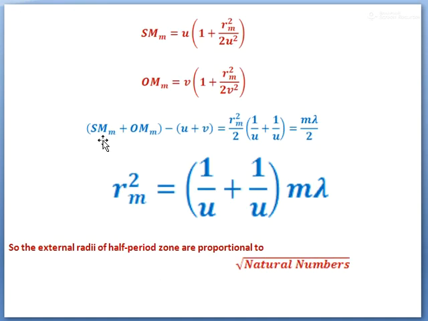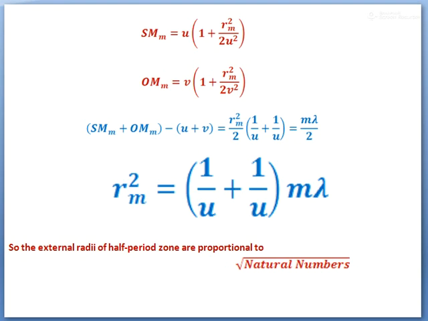So SMnO minus U plus V, which equals Rn square by 2 into 1 by U plus 1 by V, equals n lambda by 2. From this I can say that Rn square equals 1 by U plus 1 by V, into n lambda. So the radius Rn is proportional to root n, where n is a natural number. So the external radii of the half period zones must be proportional to the square roots of natural numbers.